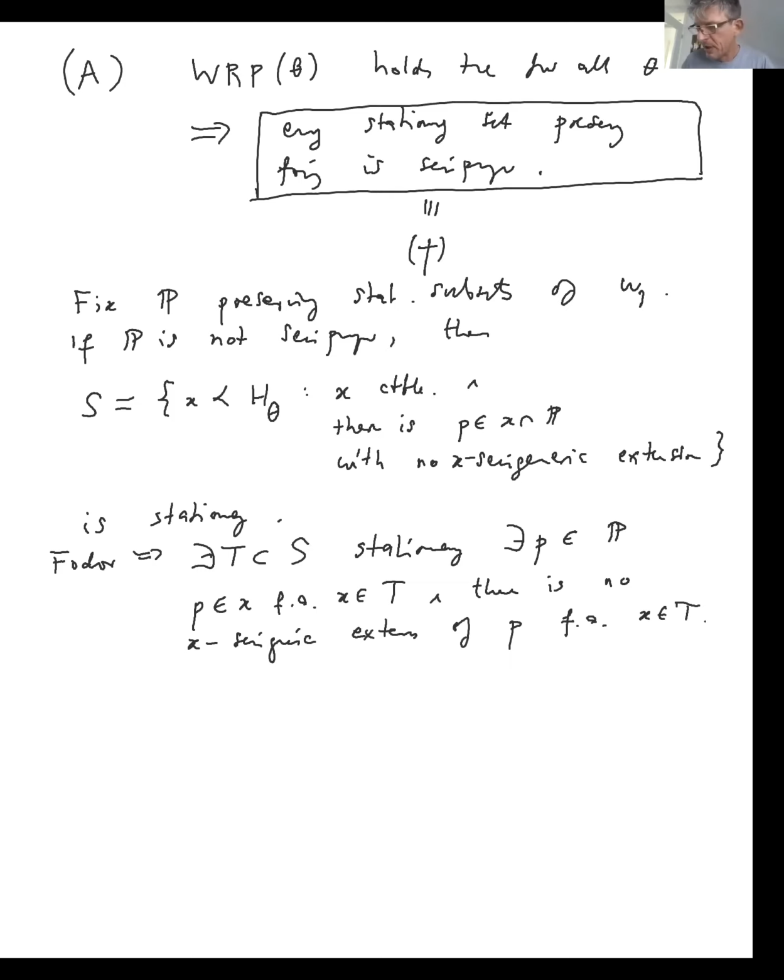Okay, and now what you do is you simply say, by the weak reflection principle at theta, you know that there is a Y subset of H theta of size aleph 1 such that T restricted to Y to the omega is stationary.